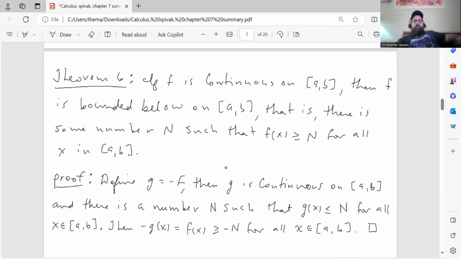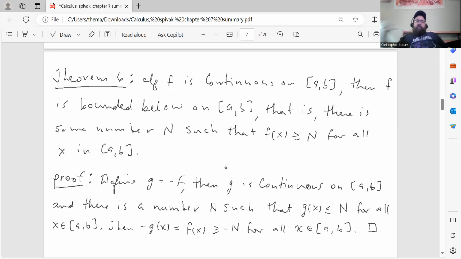Okay, here's another theorem, theorem 6. If f is continuous on the closed interval from a to b, then f is bounded below on the closed interval from a to b. That is, there is some number n such that f of x is greater than or equal to n for all x in the closed interval from a to b. Again, this follows directly from theorem 2, and a similar type of trick as in the previous couple of theorems.